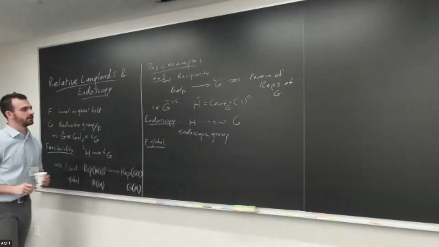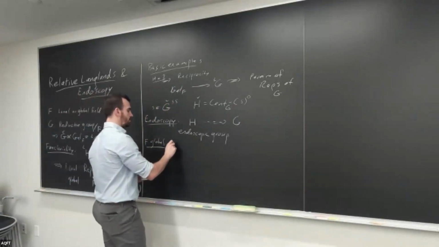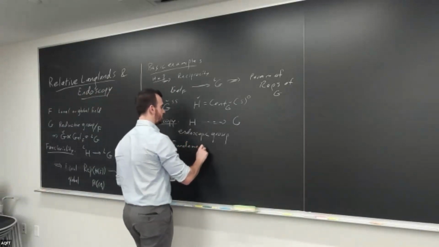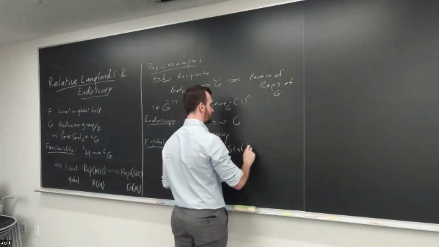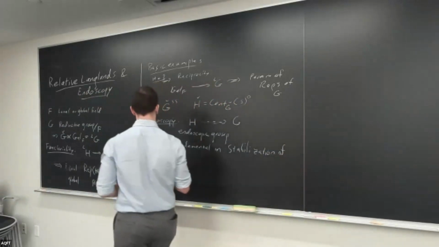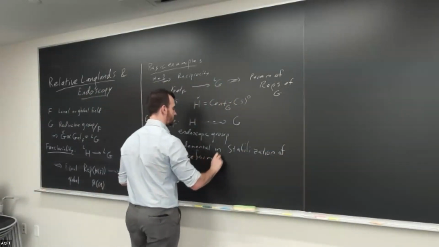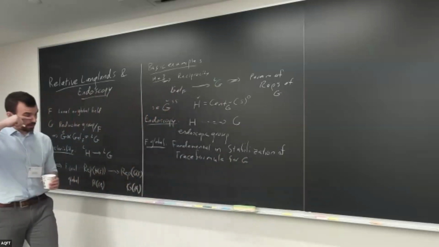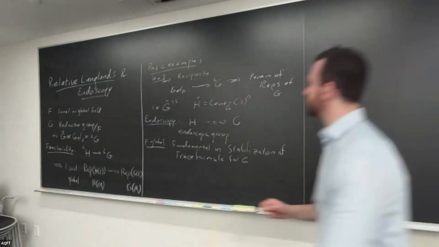But for most of my motivation, when F is global, the endoscopic groups play an important role in the so-called stabilization of the Arthur-Selberg trace formula for G. One of the things I would like to not do is assume that people think about trace formulas.